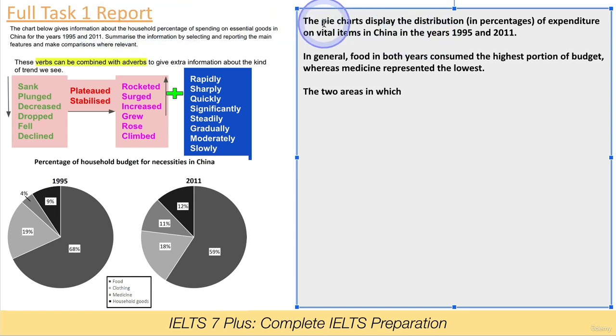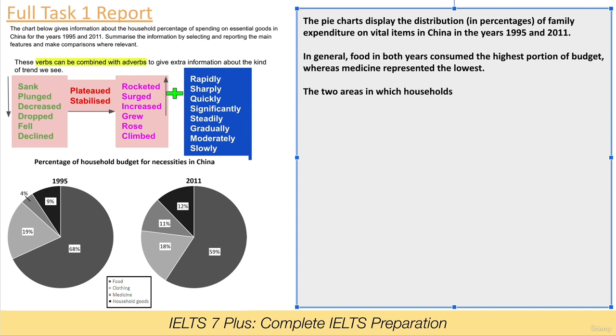In the paraphrase, we need to include that bit. The pie charts display the distribution in percentages of family expenditure. Maybe we could do that. There we go. Okay. Back to the group.